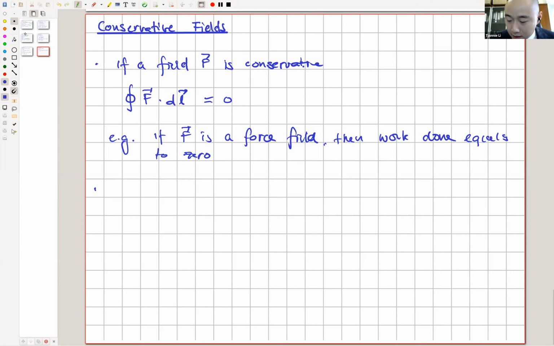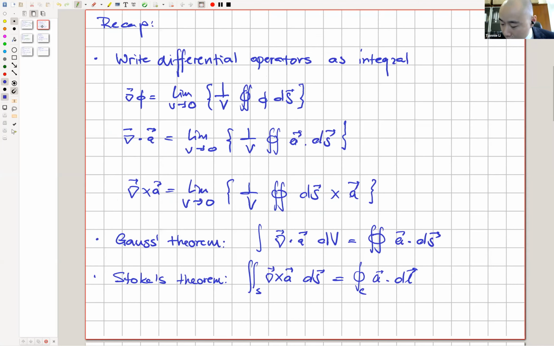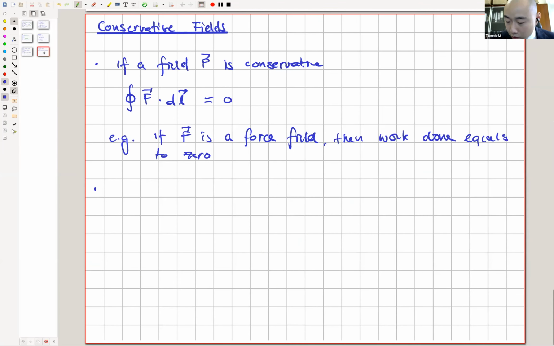If I look at the recap where we have Stokes' theorem, we can take the integral of some vector field A and turn this into a surface integral. So rewriting this F dot dl equals 0, I can also state that I get the curl of F.